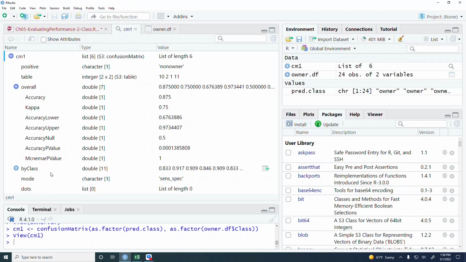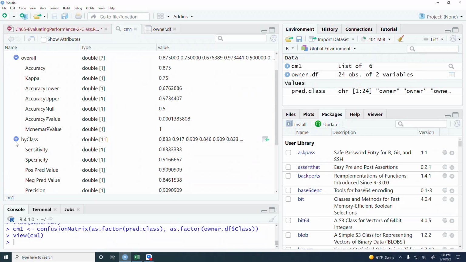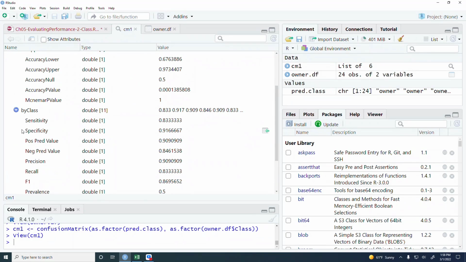So if you do by class, okay, that's where you get all the measures that we just talked about.